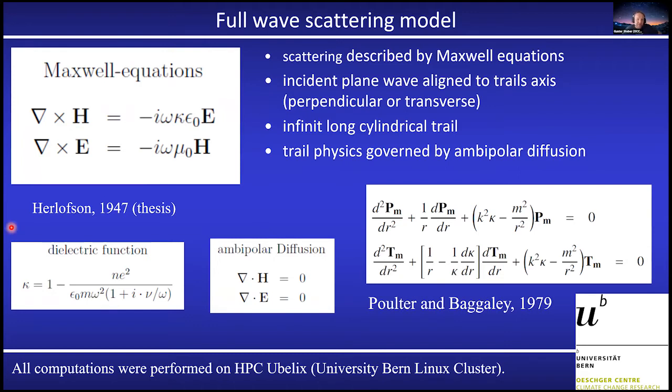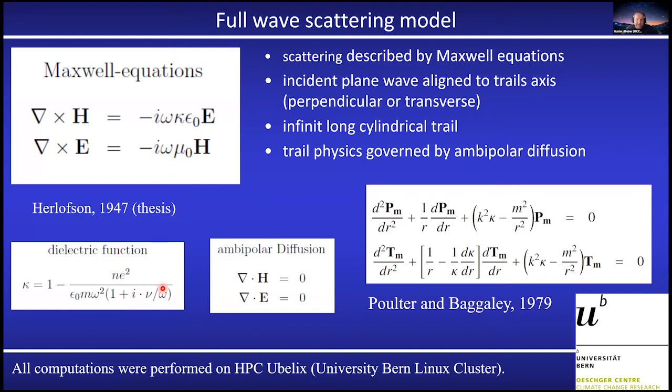And when you look at this kappa function, where we basically include the plasma properties, we have, for one, the plasma distribution, which is called N, and it provides the plasma density. And we have a parameter from the collision frequencies, as the released meteoric matter and the electrons undergo interactions with the atmospheric environment.